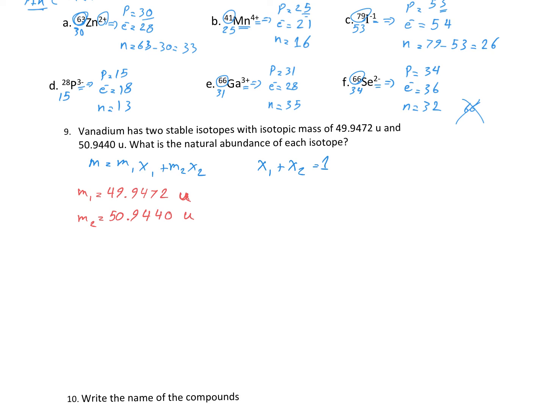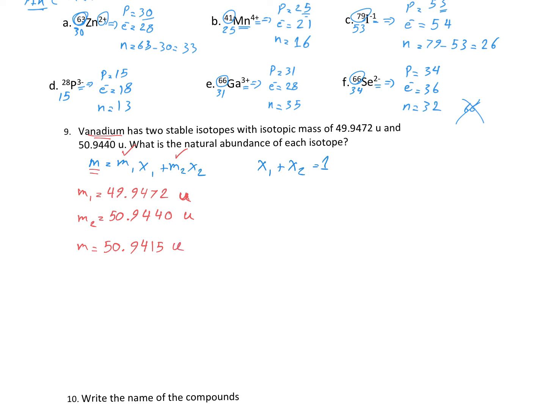Okay, so we have this, we need the average mass too. We're talking about vanadium. You can check the periodic table and you can find the average mass as 50.9415 u.